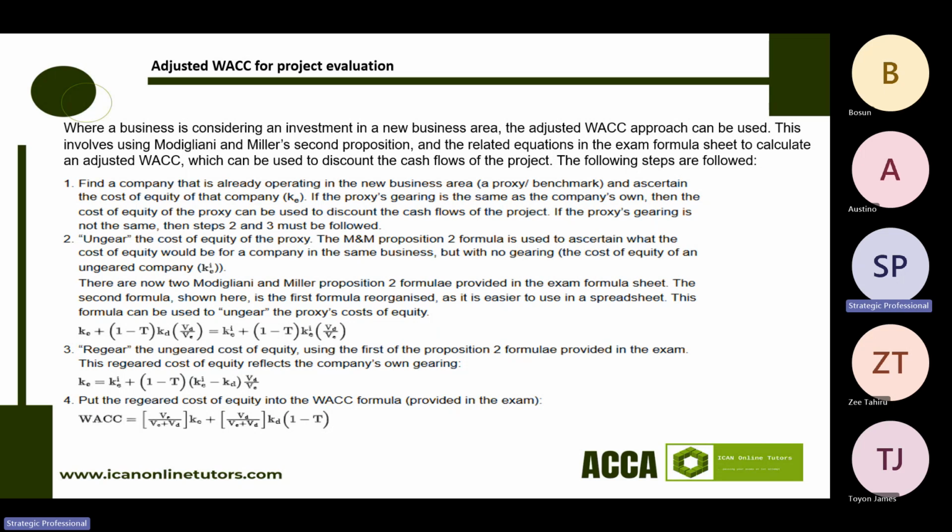I need to look for a similar company that is operating in the industry I want to operate in, which Segun will end up operating in, so that I can have a sense of what I'm expecting from this business. And if I look around me in the oil and gas industry, there are businesses that already exist, maybe Mobil or Total, as the case may be. So what do I need to do?